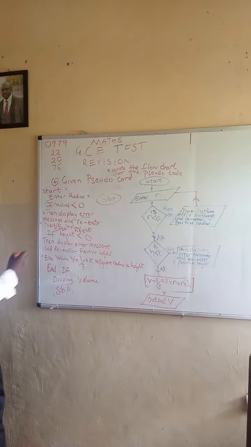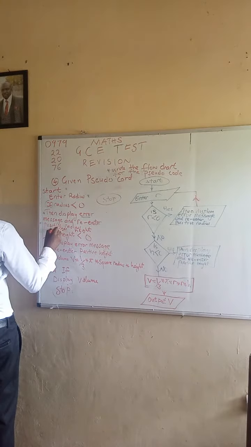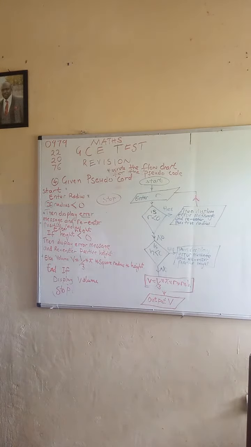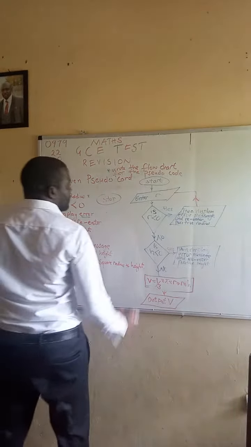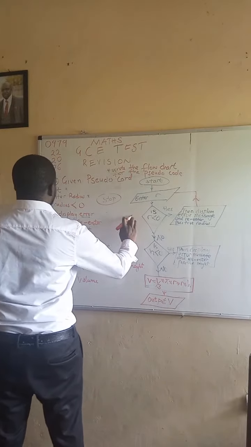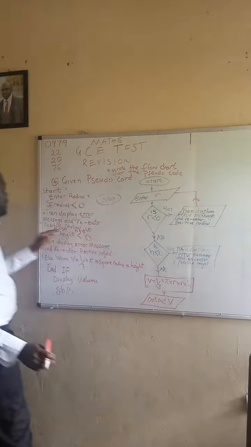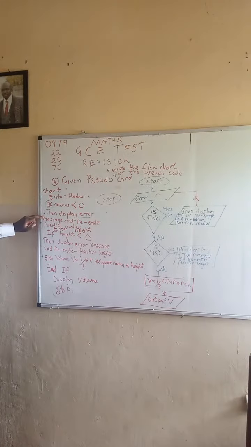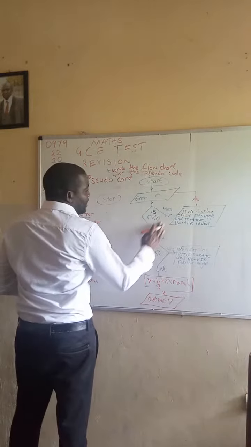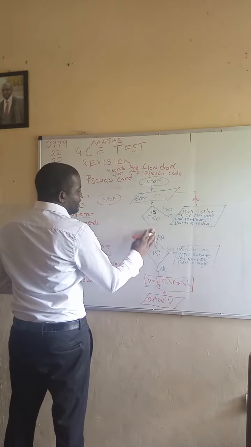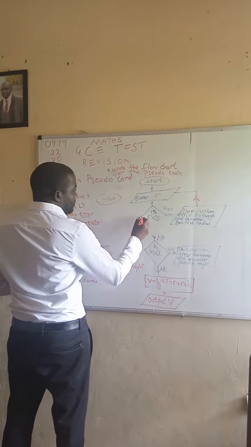I thought as if I put it, but we didn't write it. Enter radius. There's an instruction that we left. It comes after this error message. After the error message, the next instruction is enter height. So we left it here accidentally. We are too fast. I didn't put it in the questions there.